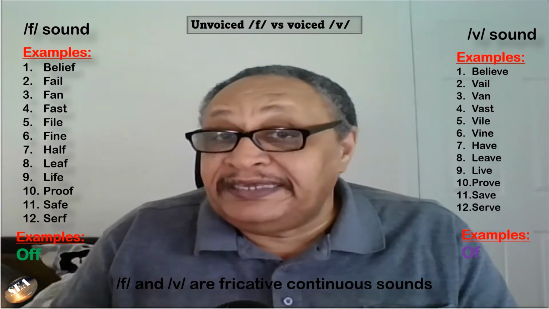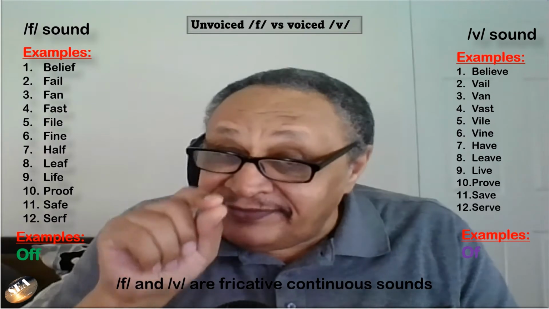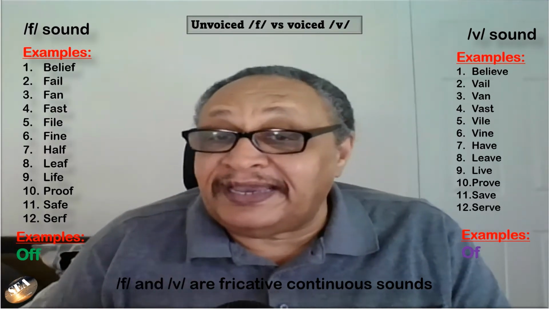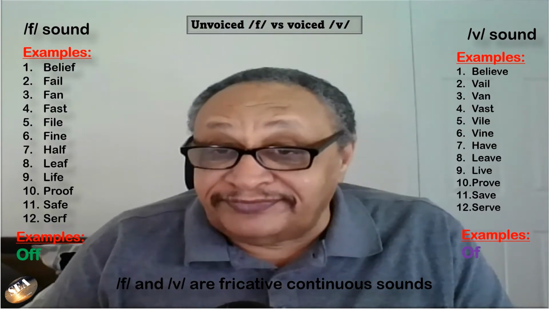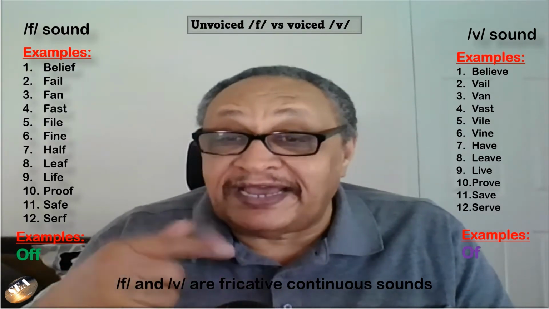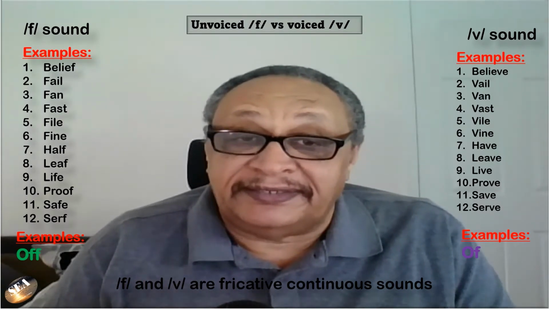In serve, believe, the V is at the end, but the V here is covered by a magic E. While in of, there is no E. The sound comes directly without an E at the end.